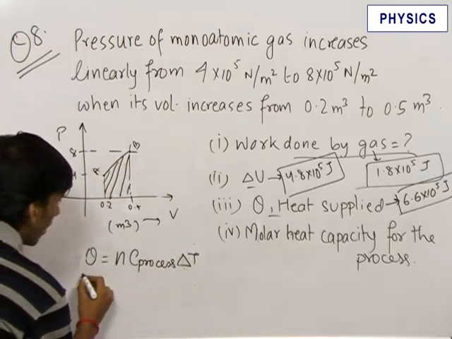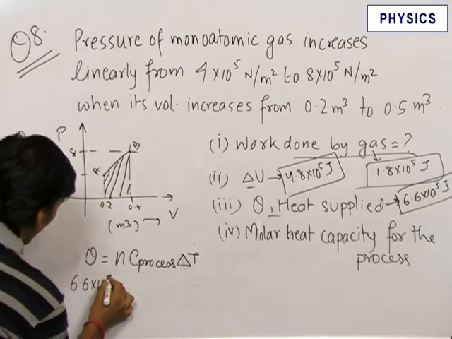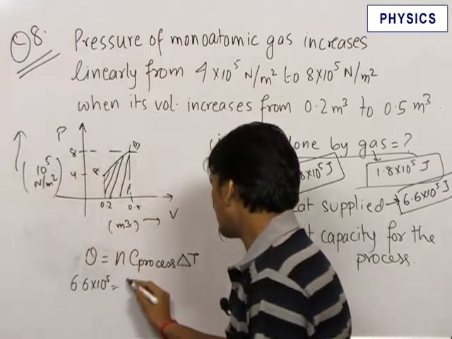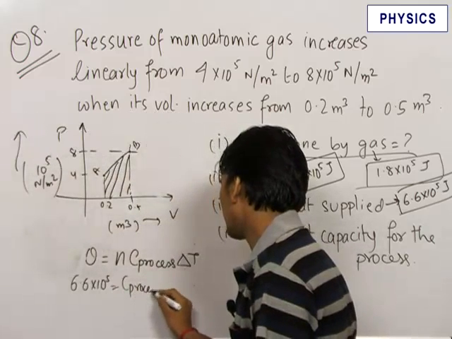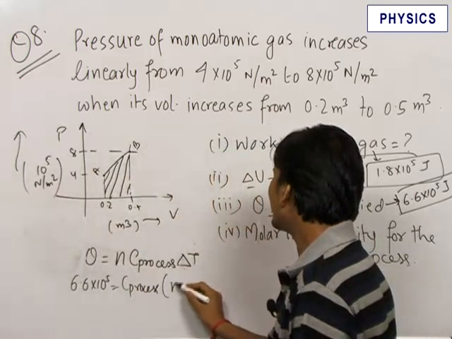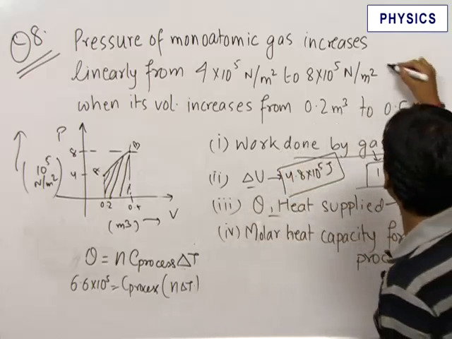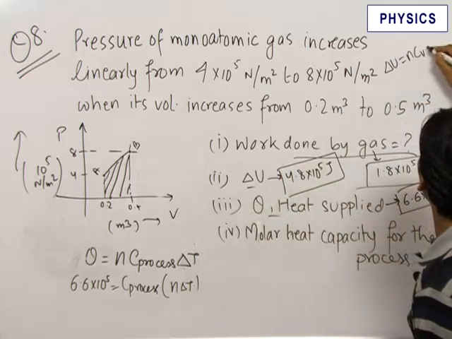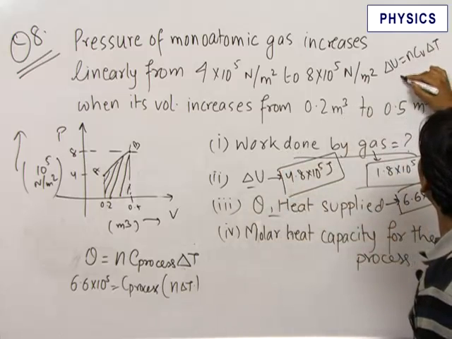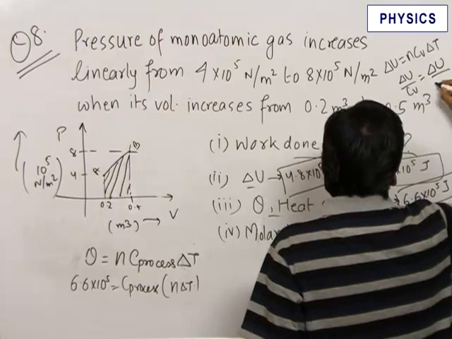Now we know the Q, that is 6.6 into 10 raised to 5. This is equal to C of process, that is the molar heat capacity of the gas for the process, into n delta T. We already had delta U is equal to n Cv delta T. Therefore n delta T can be written as delta U upon Cv, delta U upon 3R by 2.